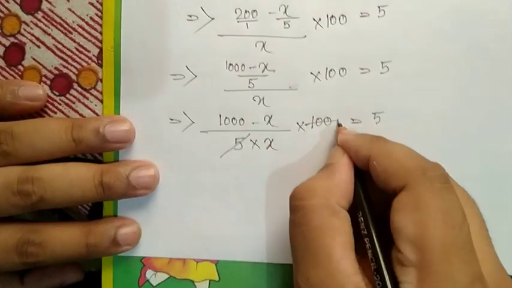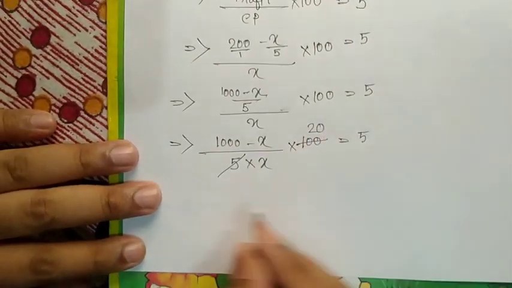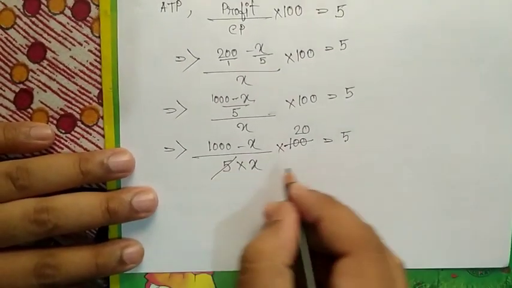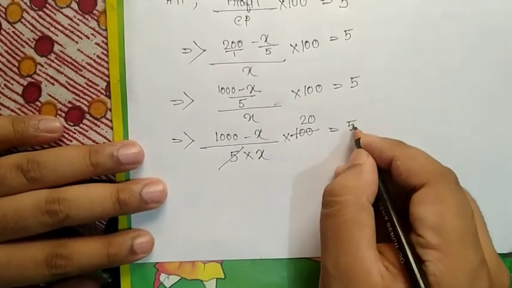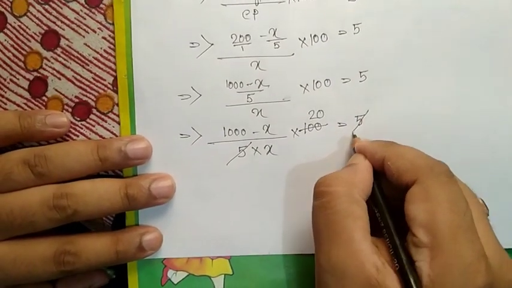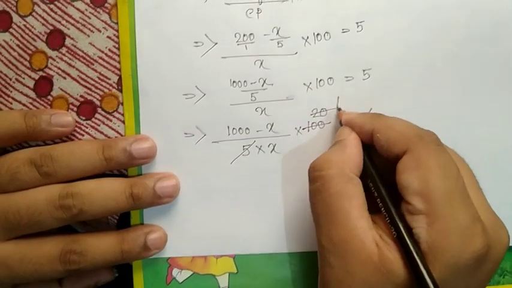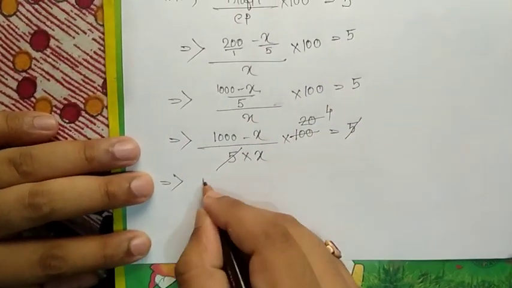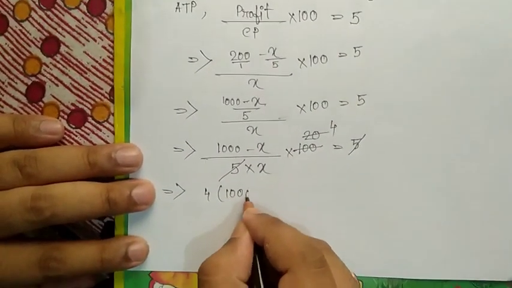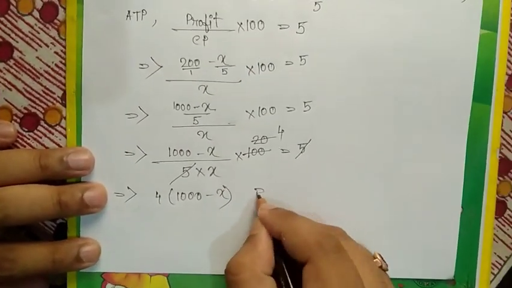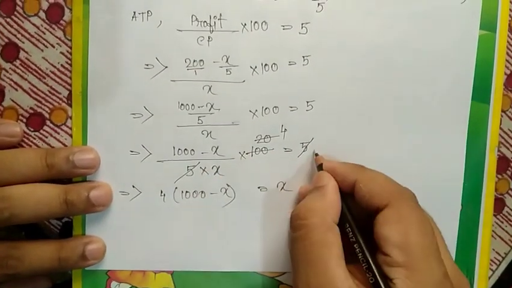Eliminate this by 5, 100 becomes 20. If 5 came here, it should be in the denominator, so we can eliminate this also. 5 into 20, 4. So 4 into 1000 minus X equals X into 1.